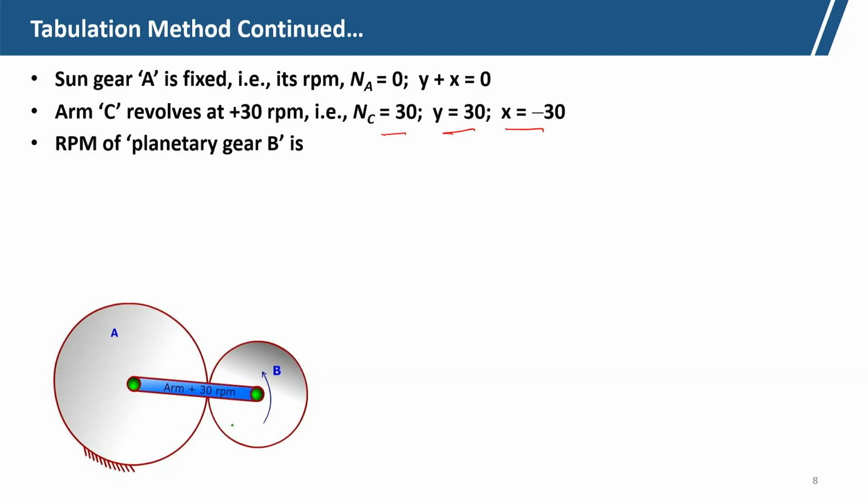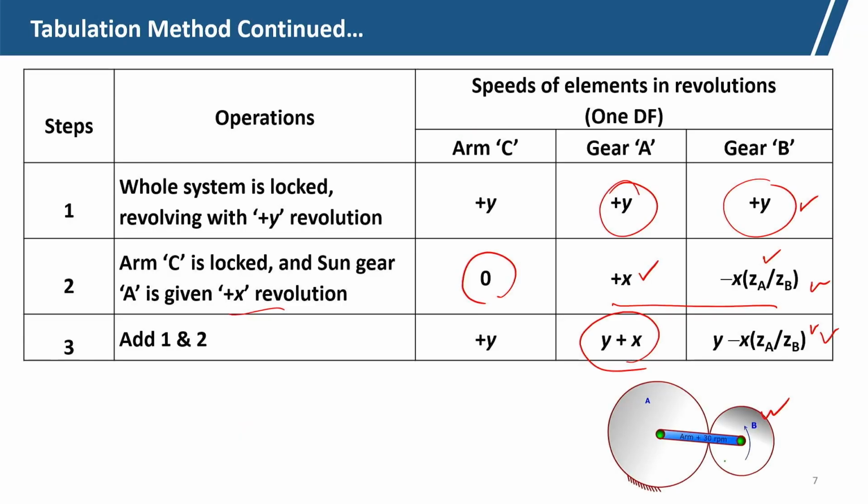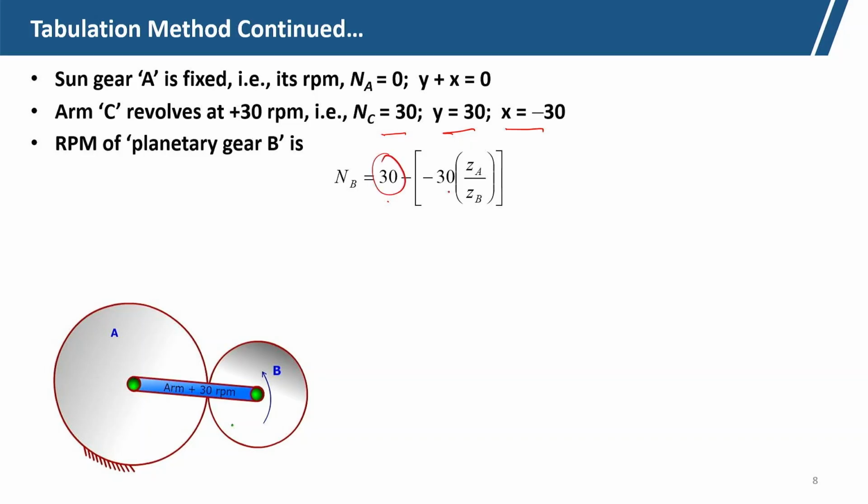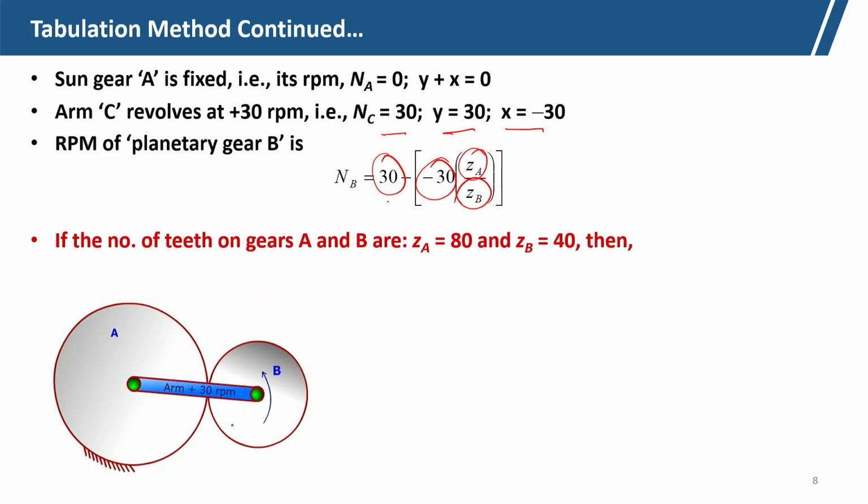RPM of planetary gear B is given by y minus x multiplied by Z A by Z B. Using this, if we know Z A and Z B are 80 and 40, then we can calculate N B as 90.